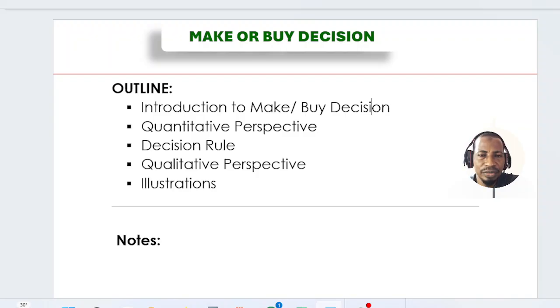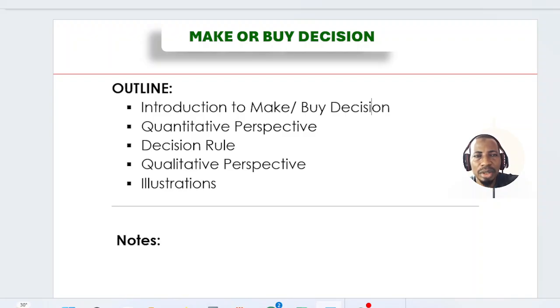This kind of decision is very critical and strategic because of the need to protect the degree of secrecy or the proprietary information underlying the company's product, especially in a business environment where competition is highly stiff.